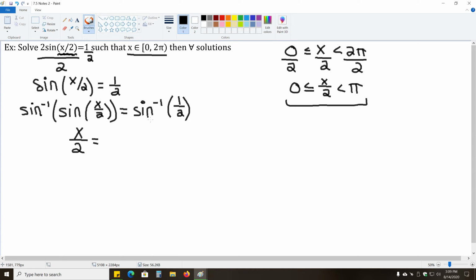So the first angle where sine can equal 1/2 is pi over 6. That's in quadrant 1, where sine is positive, and this is a positive 1/2. Now we have to check, is there another value between 0 and pi that gives us a positive 1/2 for sine? And there is, because sine is positive in quadrants 1 and 2.